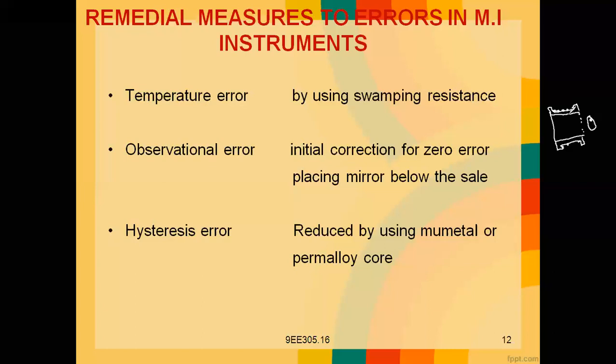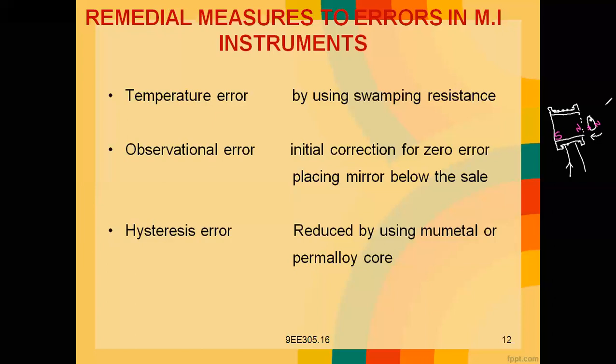So when your coil is excited, this vane should get attracted this side. Now suppose my current direction is in this way. For this current direction, the north pole that is induced is here and the south pole is here. Then only our vane will try to get attracted towards the north.